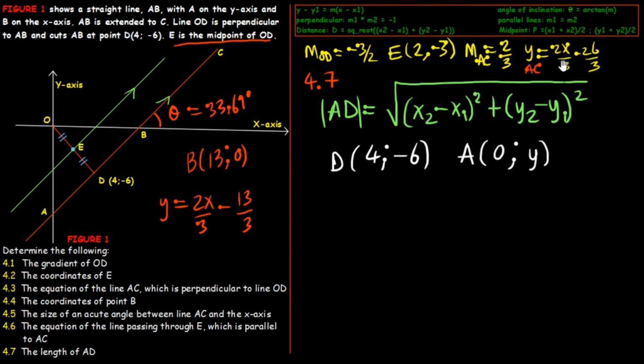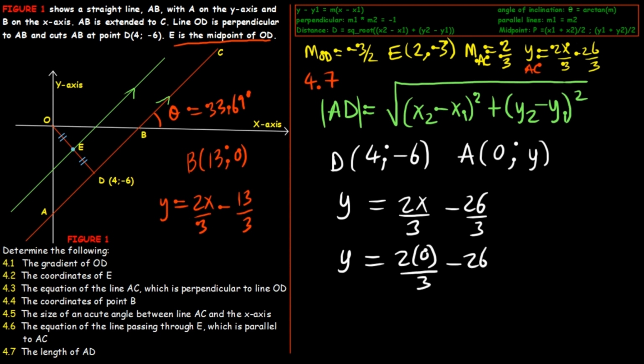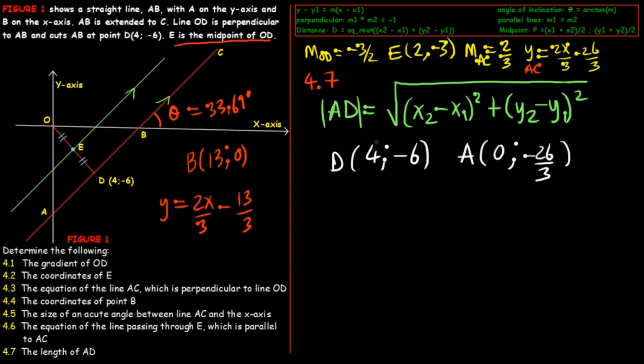So we are going to substitute 0 in place of x. So let's just do likewise. In place of x, just put a 0, and this will evaluate to -26 over 3 as our value of y. Alright, so let's make this our x1, y1, and this our x2, y2.